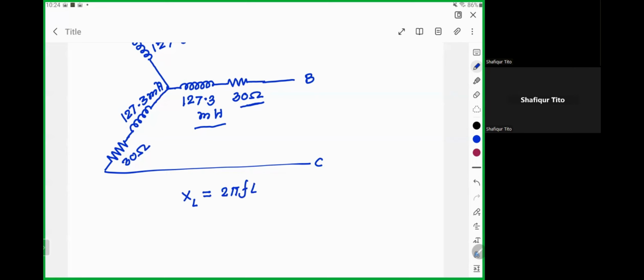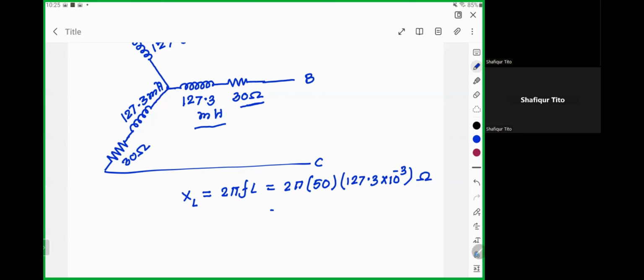Okay, so if I write down this one, that will be 2 pi, F is 50 Hertz, and L is 127.3, 10 to the power minus 3. And this will become ohm. Okay, so now these two become the same unit.